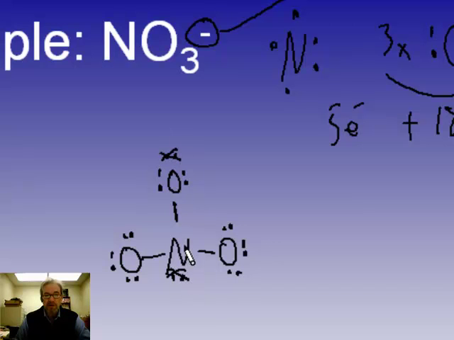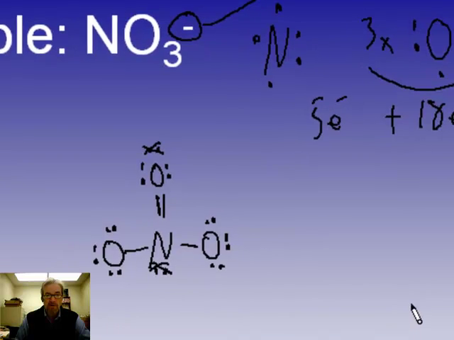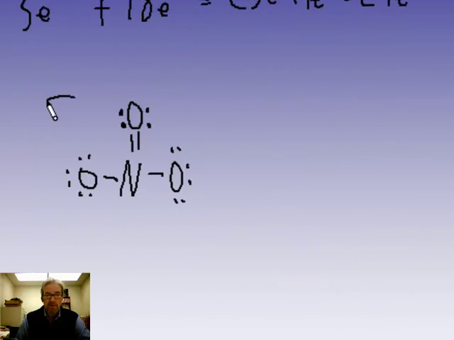Take an electron pair away from both the nitrogen and the oxygen and put another pair in there. That should reduce my count by 2 and get me down to 24. Let's check. 2, 4, 6, 8, 10, 12, 14, 16, 18, 20, 22, 24. So there's my correct structure. I'll redraw this to make it clearer, and add square brackets and charge.